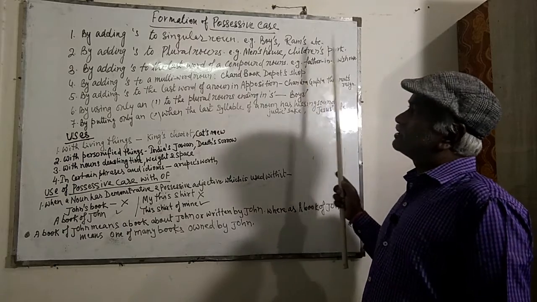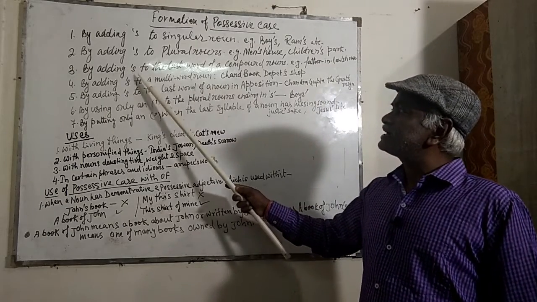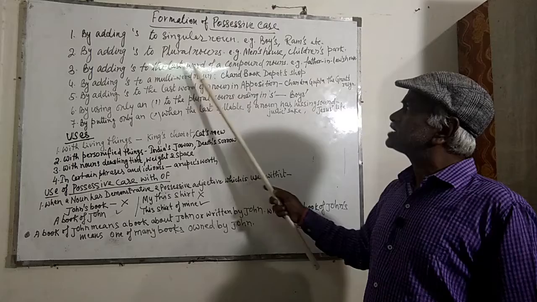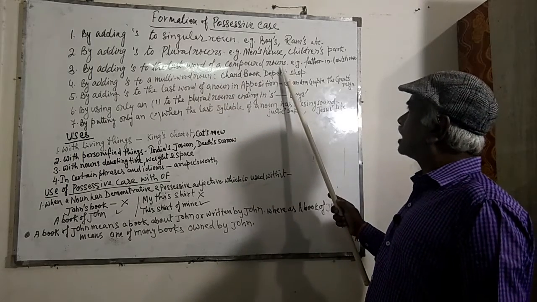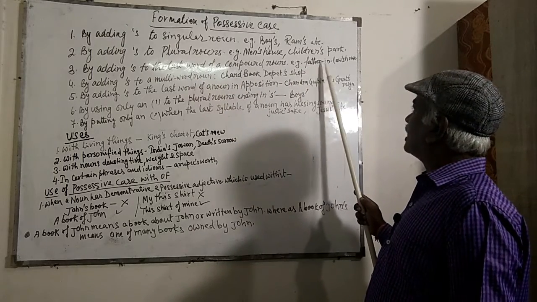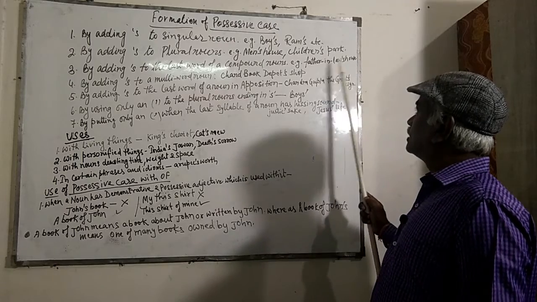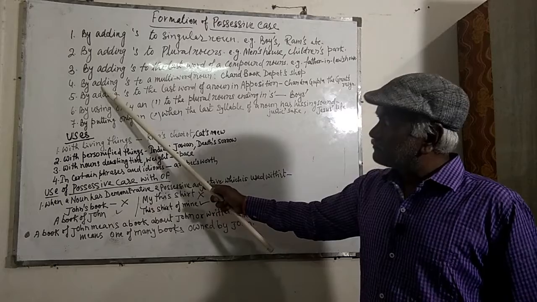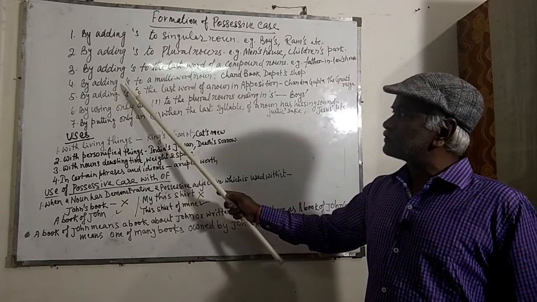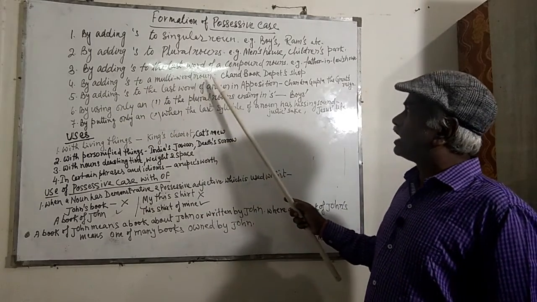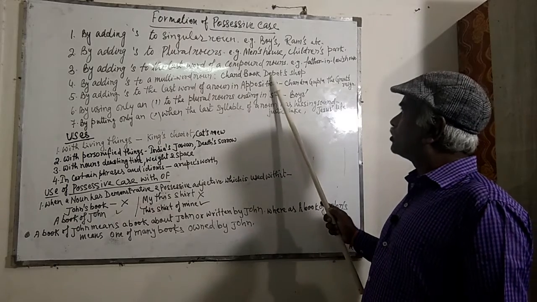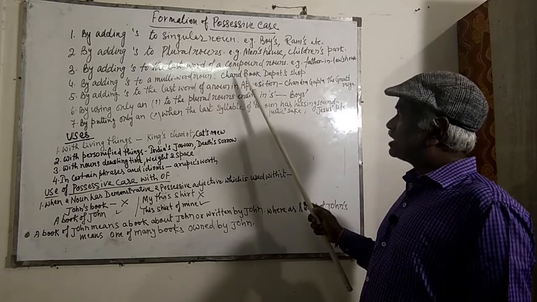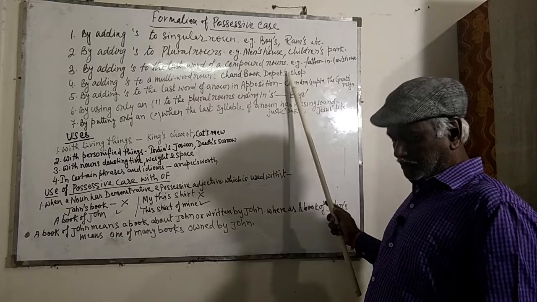Third is by adding apostrophe s to the last word of a compound noun. For example, father-in-law's house. The fourth one is by adding apostrophe s to a multi-word noun, Chand Book Depot's shop.